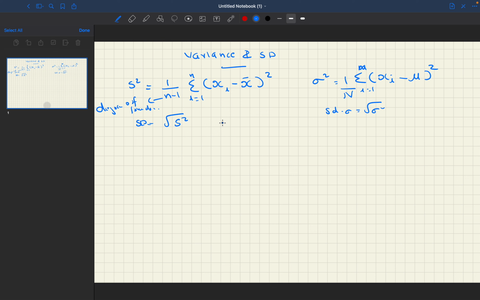One other thing with respect to this degree of freedom: consider one example, the mean is 10, which we can represent as x bar.